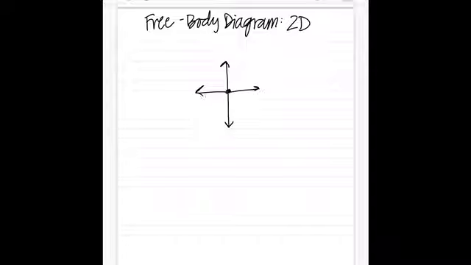So we're going to call this free body diagrams two-dimension or 2D. So everything that we have been doing up until this point for free body diagrams has been something along these lines. Everything's 90-degree angles of each other.